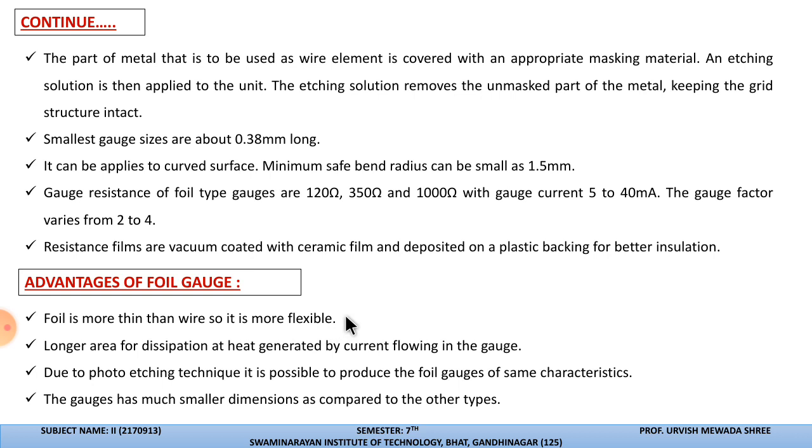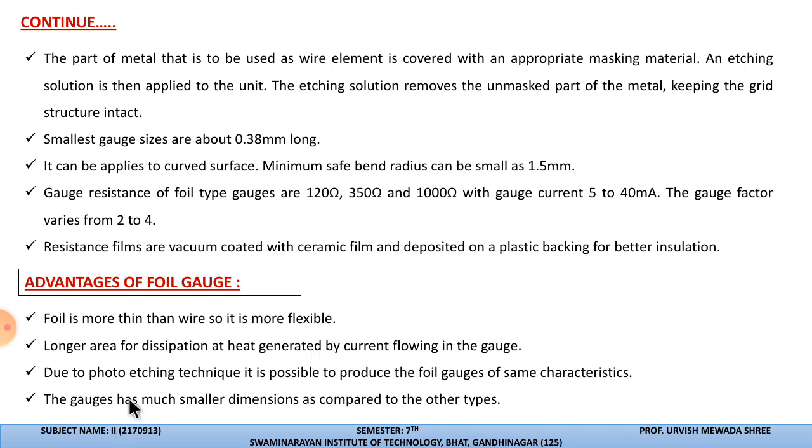Second, it gives a larger area for the dissipation of heat generated by the current flowing in the gauge. And the third advantage is, due to the photo etching technique used over here, it is possible to produce foil gauges of the same characteristics whenever we require.